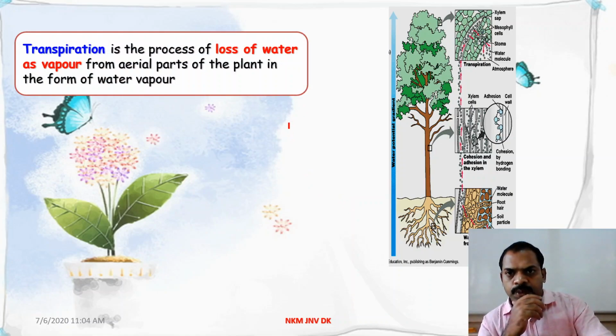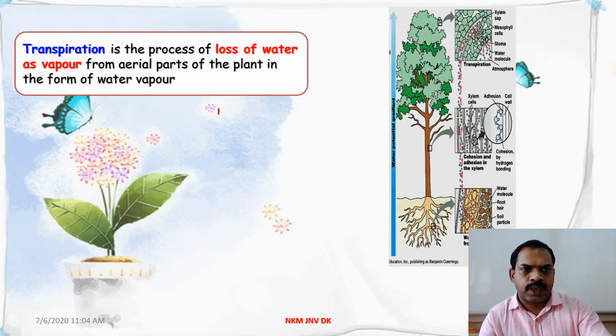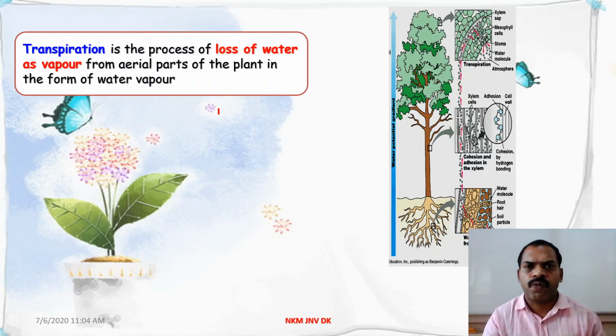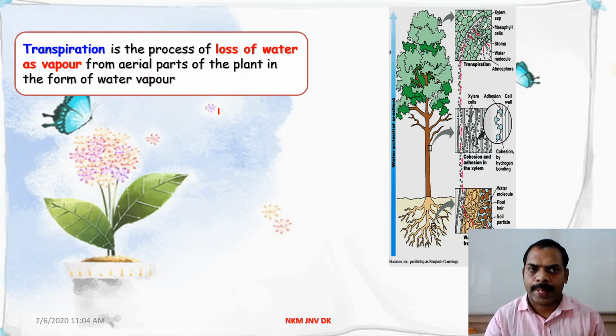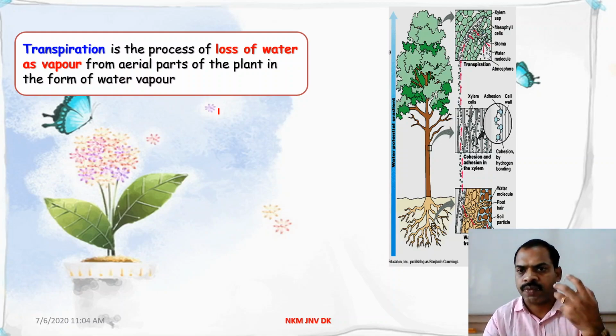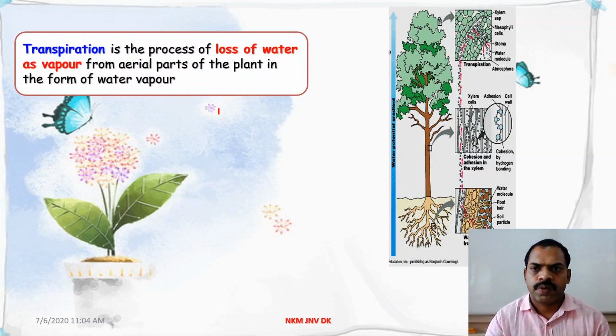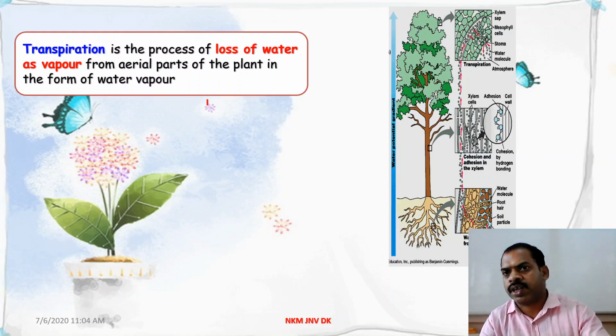So what is transpiration? The definition of transpiration: it is a loss of water in the form of water vapor from the aerial part of the plant. You can see the aerial part here, it means the stomata.